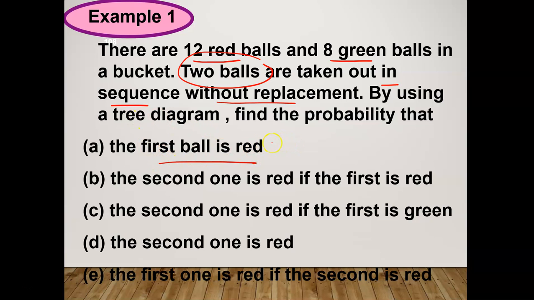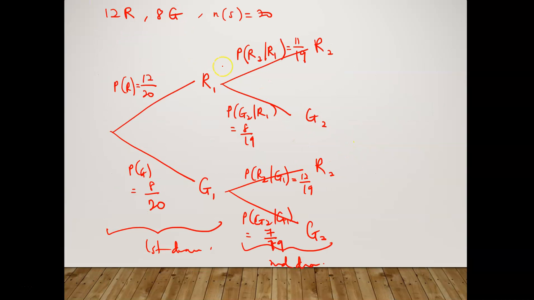The first ball is red, so you have 2 possible pairings: the first ball is red and the second ball is green, or the first ball is red and the second ball is red as well. So from here, we consider R1 and G2, and R1 and R2, this one and this one. So what is the probability of getting P(R1)?